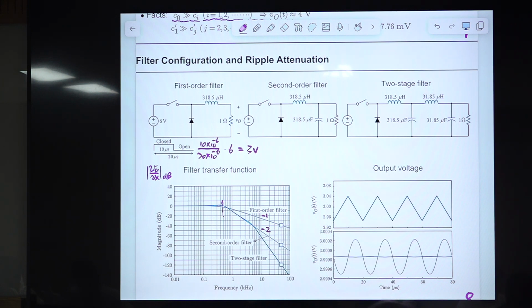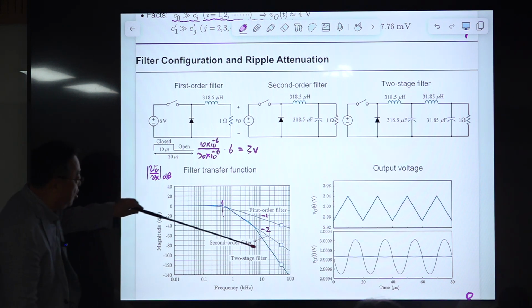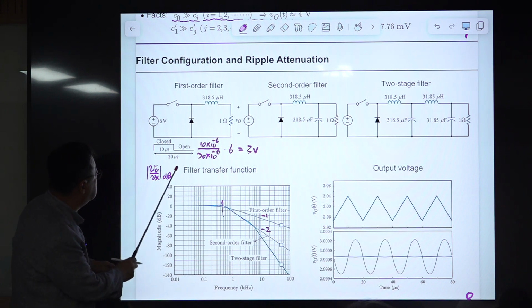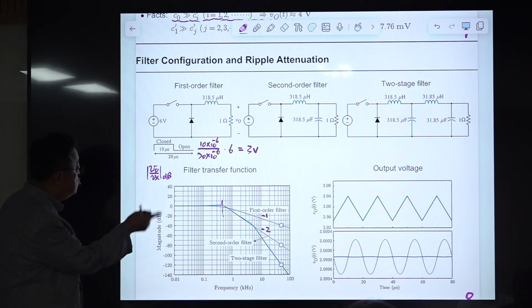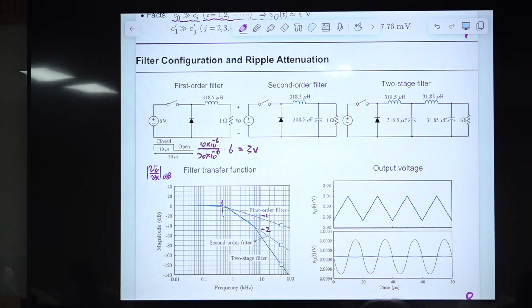The attenuation factor is this, and the switching frequency is this one. The switching frequency is 50 kilohertz, which is 1 over the switching period: 10 kilohertz, 20, 30, 40, 50.